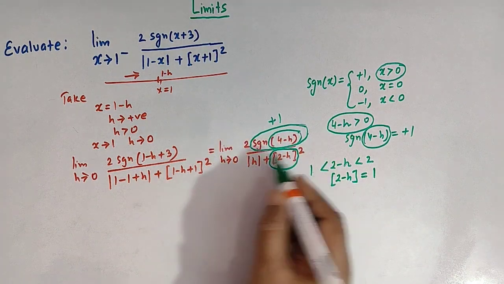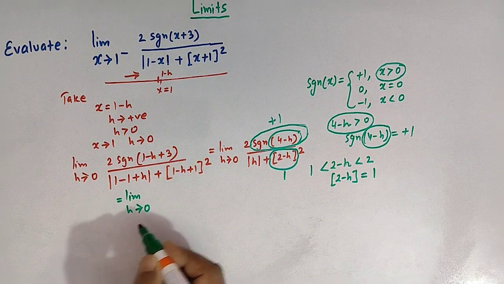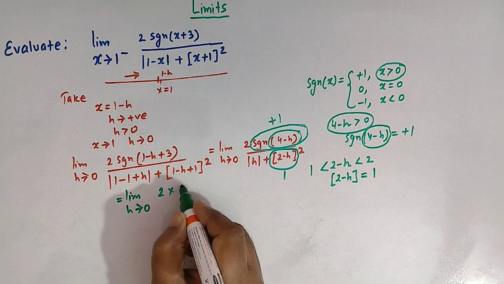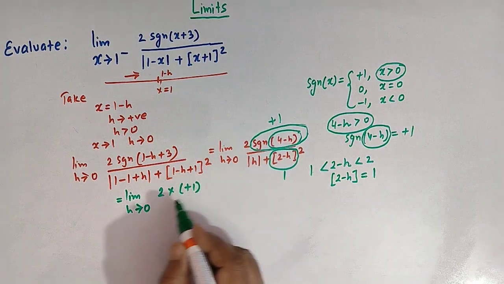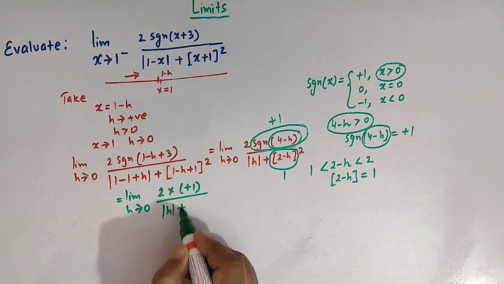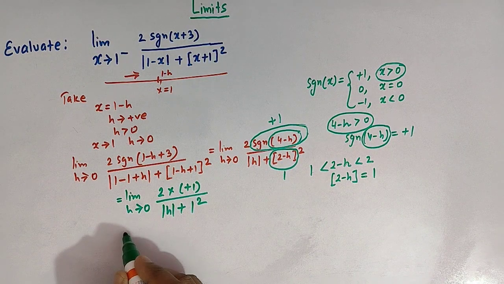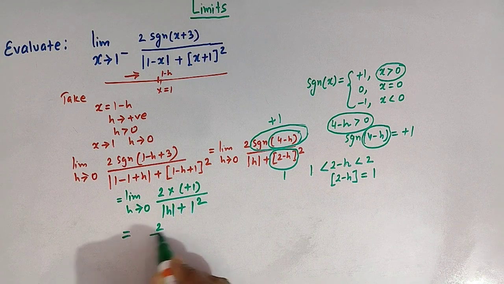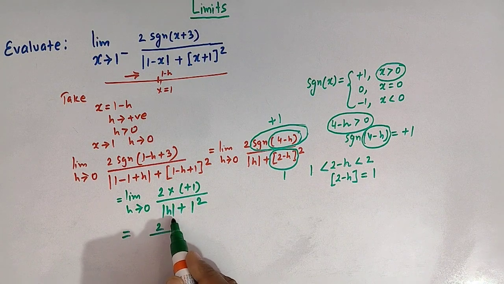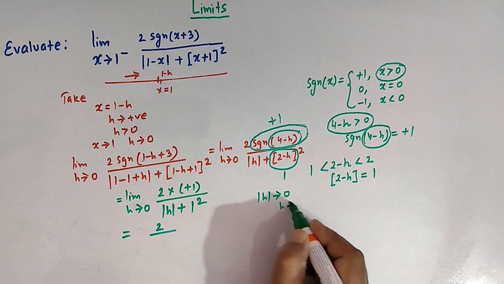So now this limit reduces to limit h tends to 0 of 2 times plus 1, because signum of 4 minus h is plus 1, plus mod of h, and here we have 1 squared. Now 2 times 1 is 2, and mod of h tends to 0 when h tends to 0.